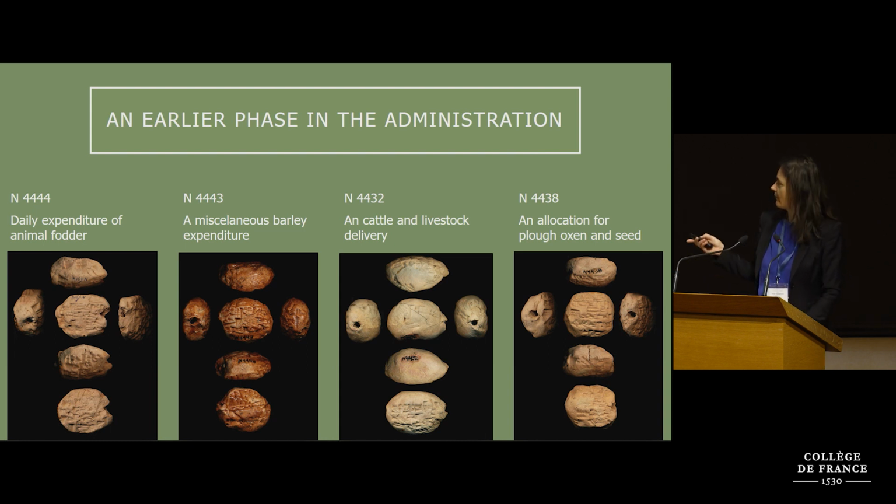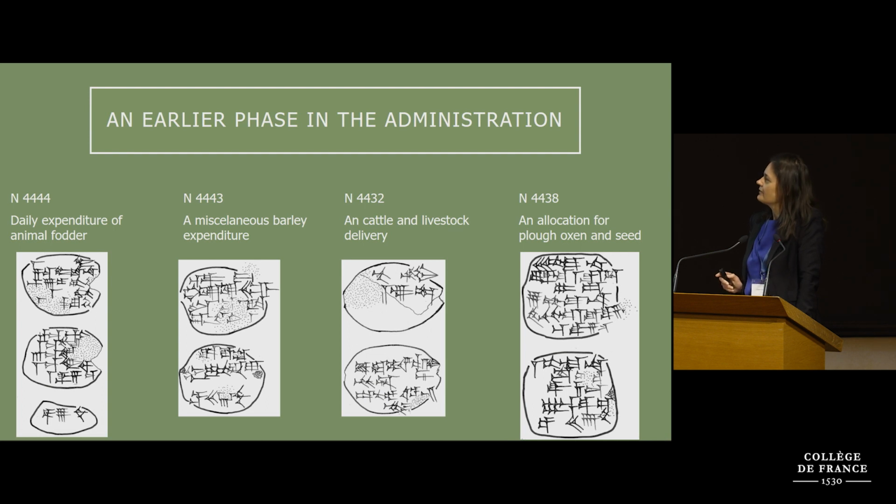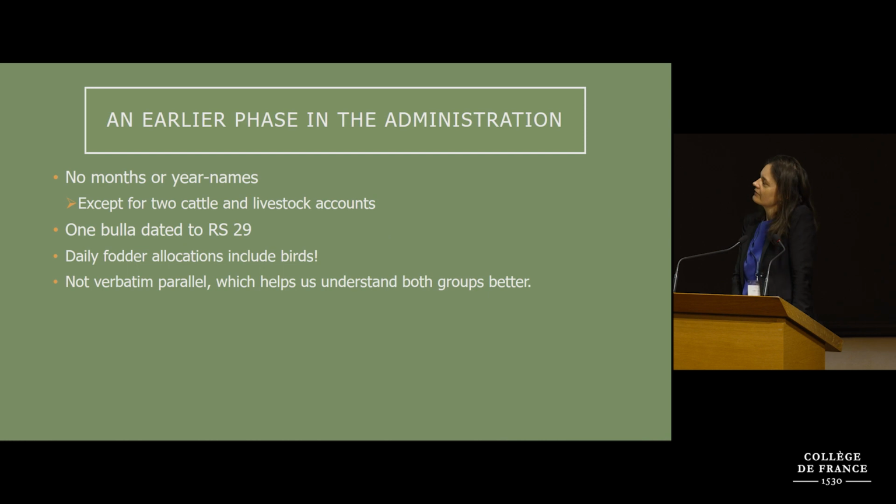There are some months mentioned on the cattle and livestock delivery, so that's not monthly. These are copies of it, because they're very hard to read on photos, so I made copies of them. There are on these documents no months or year names except for 2 cattle and livestock accounts. And one of these is dated, so there's only 1 year name, and it's dated to Rimsin 29.